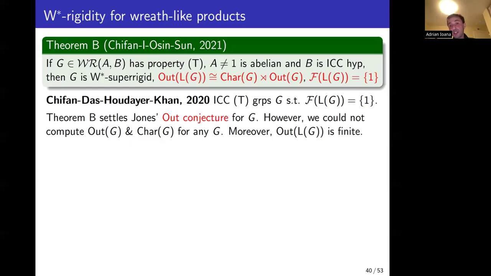Because G is ICC and hyperbolic, there's a result of Paulin and Bestvina showing that hyperbolic groups with property T have finite outer automorphism groups. Character groups of property T groups are also always finite. If you combine those two, the semi-direct product on the right side is always finite. I would expect that for groups as in theorem B, the right side can be any finite group, but we don't have a way of showing that.